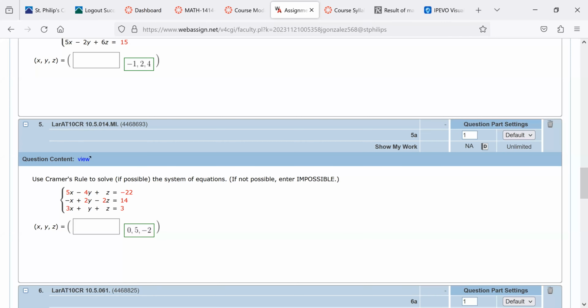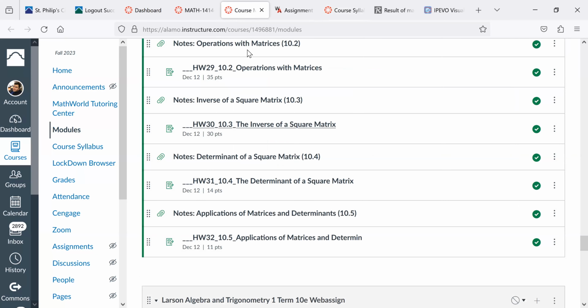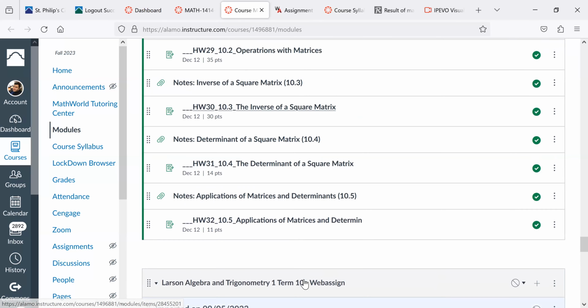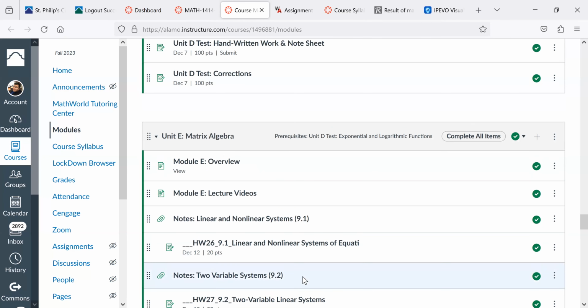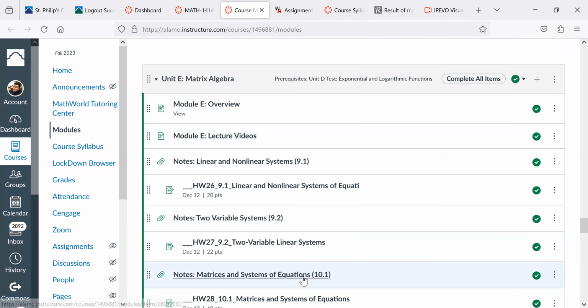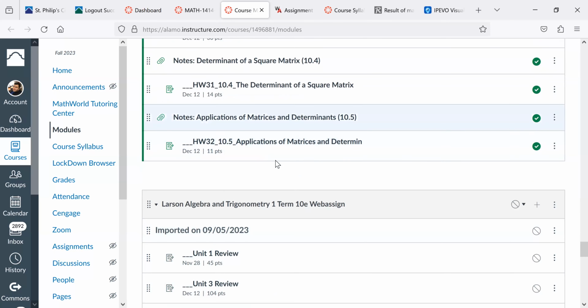I can turn it on, I just need to test it. But you know what, for the test, what test is that, 4 or 5? Steven? Let me see. Yeah, I don't think there is a test on the matrix stuff, it's just homework assignments.